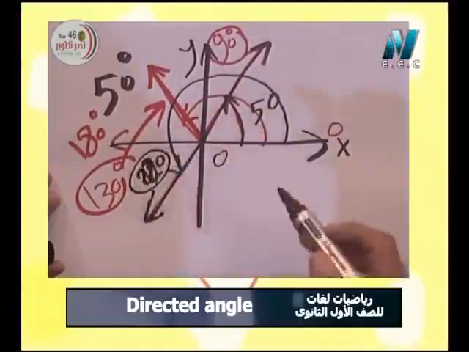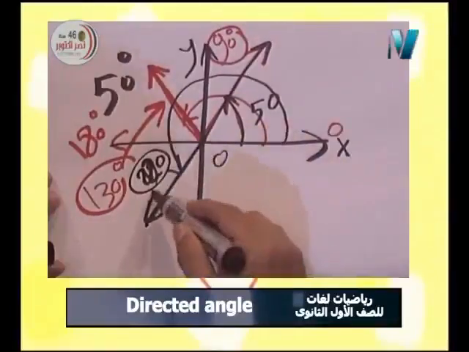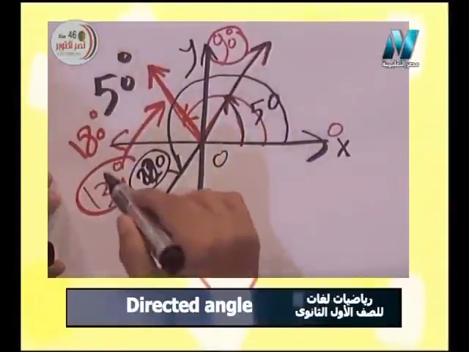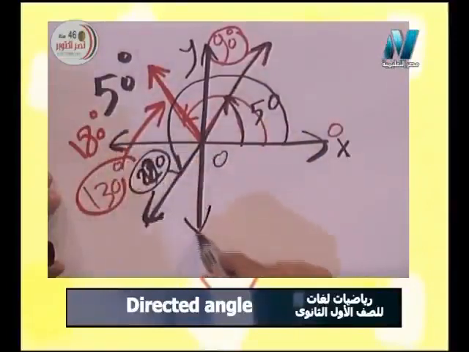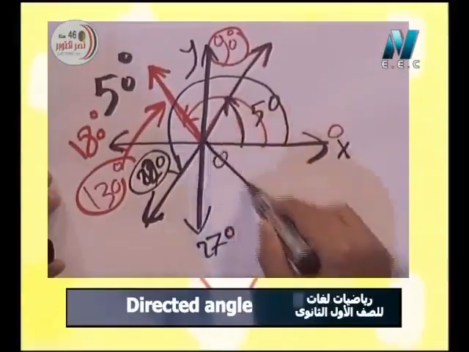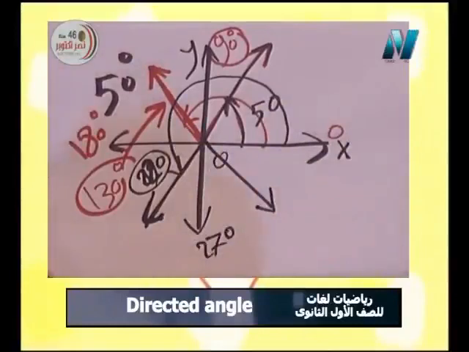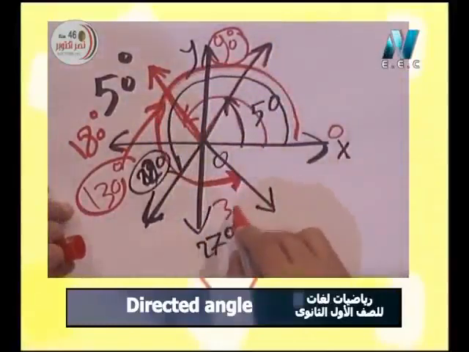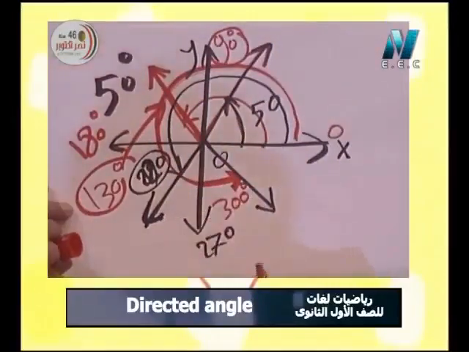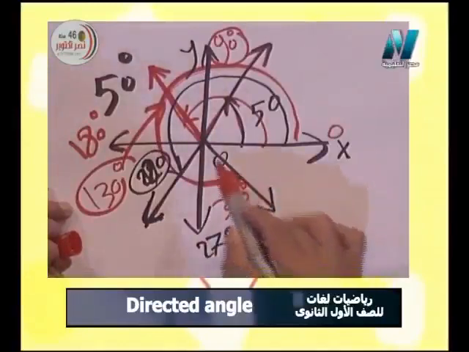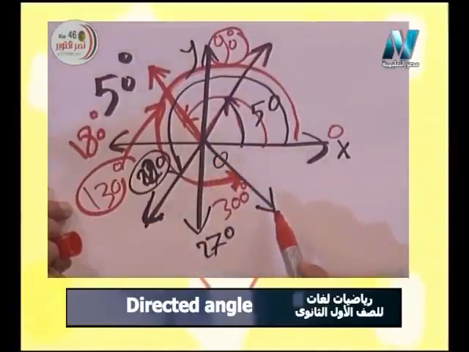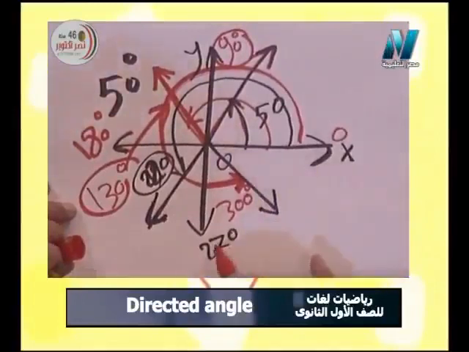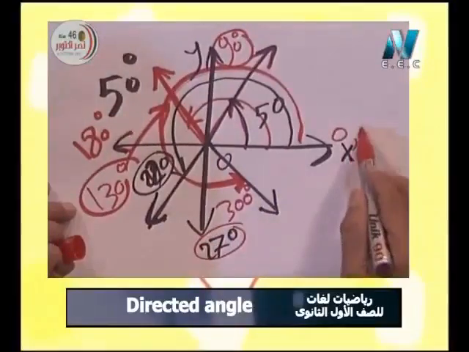220 here lies in the third quadrant, because the third quadrant includes angles between 180 and 270 degrees. And if we have the terminal side here, the angle may equal 300 degrees. 300 degrees lies in the fourth quadrant because it's included between 270 and 360.